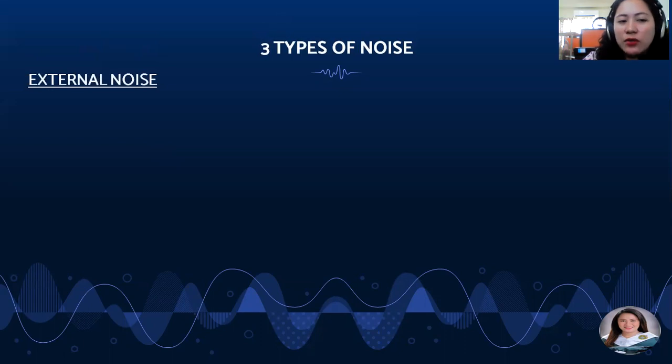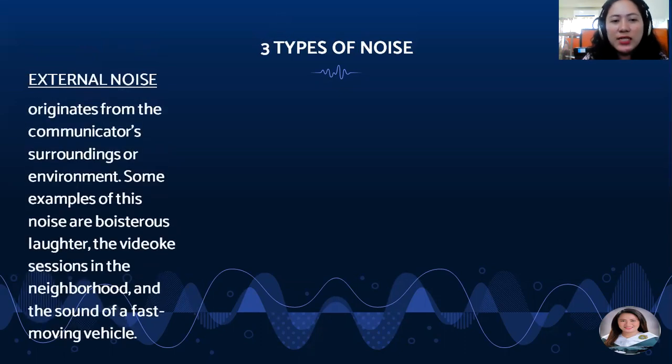the external noise. External noise originates from the communicator's surroundings or environment. Like someone grilling outside in the construction area, or your murmuring mother or your crying toddler at home, or the buses passing by if you are living near the highway, or the videoke sessions in the neighborhood.